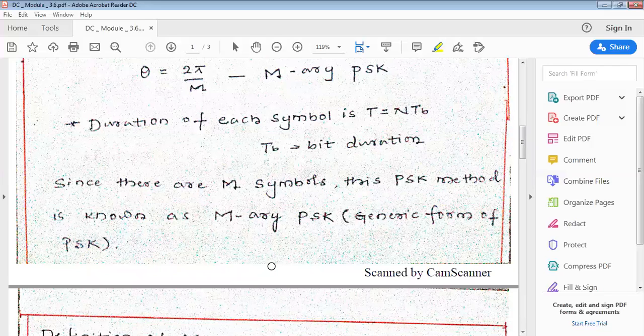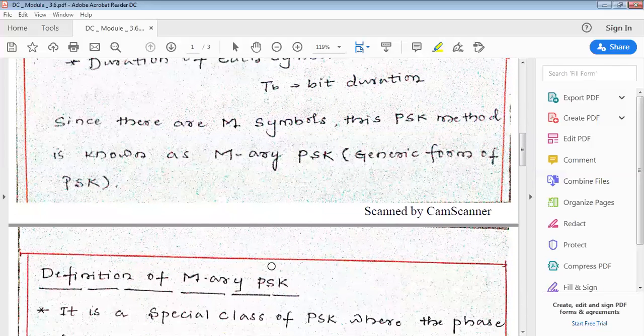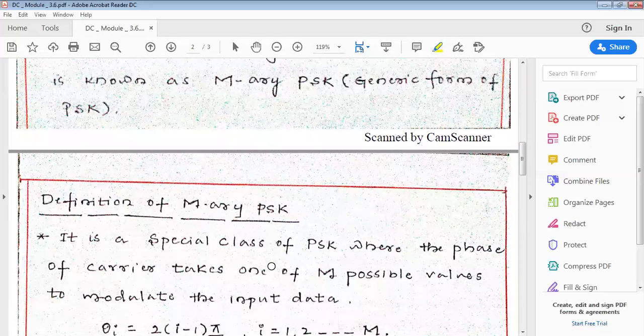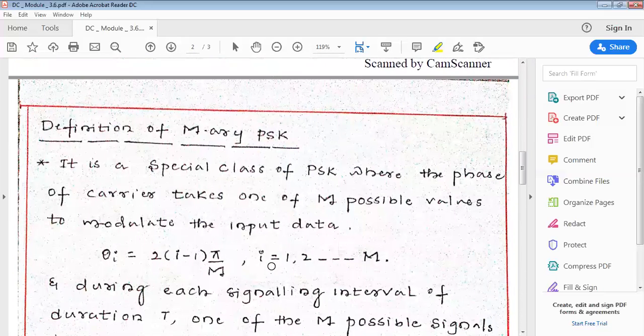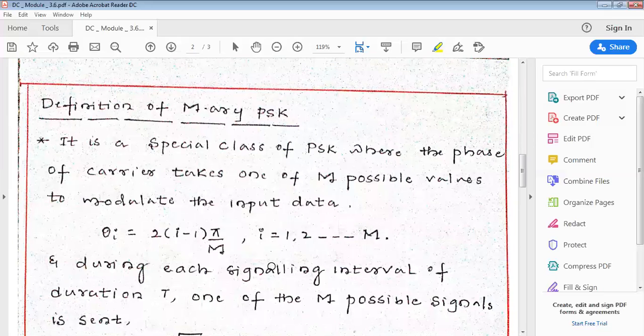So now let us understand what exactly MPSK is. It is a special class of PSK where the phase of the carrier takes one of the M possible values to modulate the input data, right?